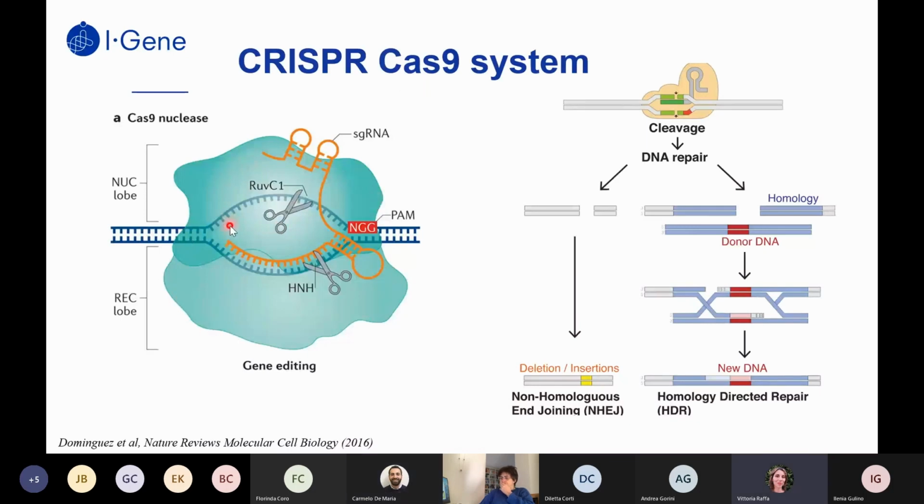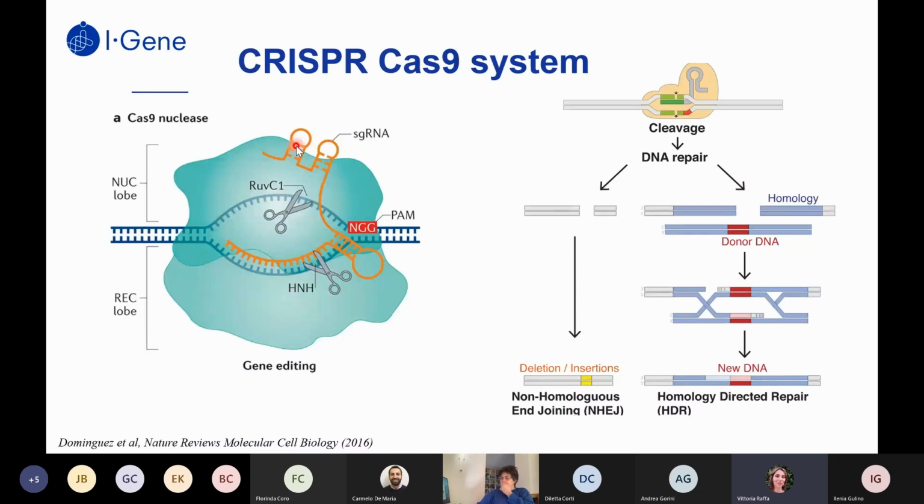Actually, we have one complex. The name of this complex is ribonucleoprotein. What does this mean? This means that we have two components. One is the RNA, the orange one, which we call the guide RNA. And then we have the protein, the Cas9, the green one. So, why guide RNA?